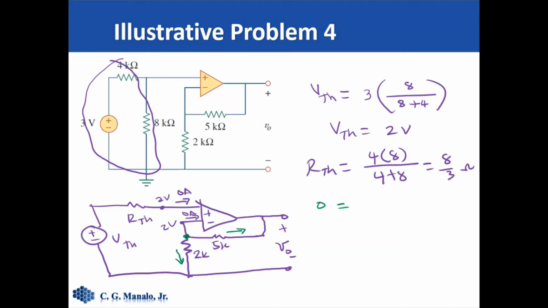So this current can be written as 2 minus 0 divided by 2K. This current can be written as 2 minus V naught divided by 5K, and solving for V naught, that should give us 7 volts. Okay.